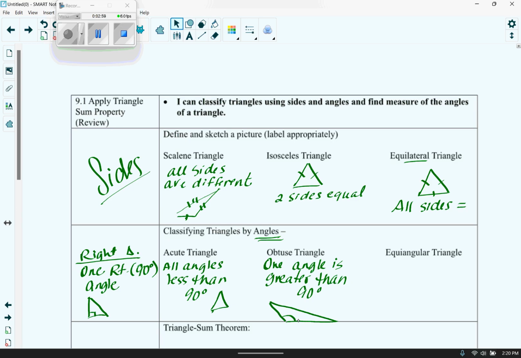An equiangular triangle means all angles are congruent, or equal. If I get my pen to write, all angles are the same.